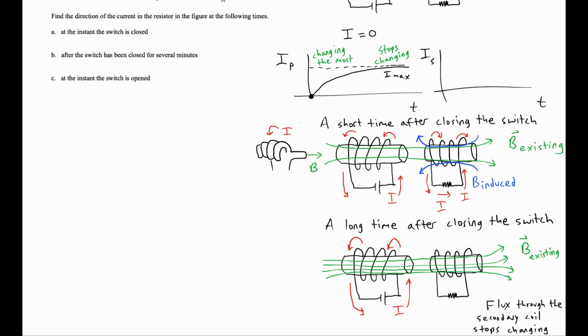So according to Lenz's law, if there's no change in magnetic flux, then there won't be an induced EMF anymore. And so there won't need to be an induced flux or an induced field anymore.